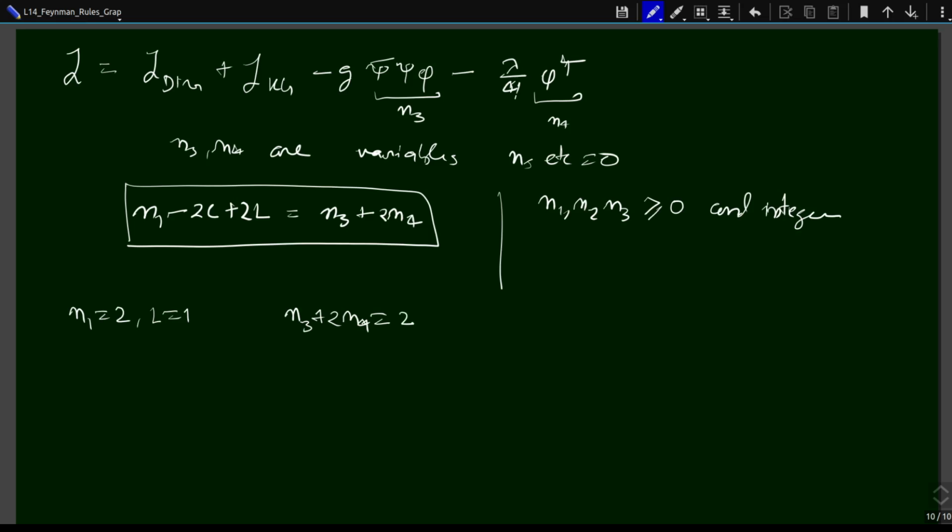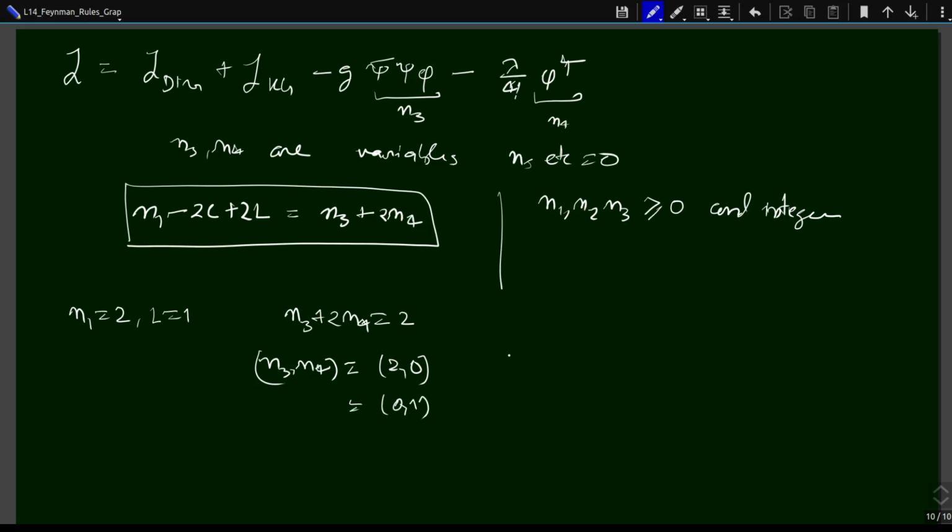So there are two ways to solve it. N1 is equal to 2, sorry, and apologies, so there are two solutions. N3 and N4 equal to 2, 0 will satisfy it, and 0, 1 will satisfy it.